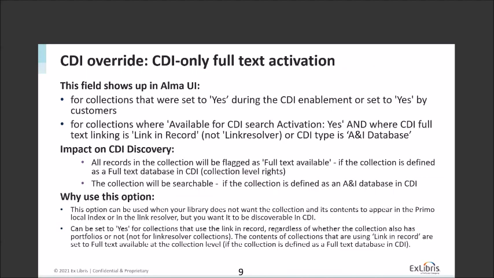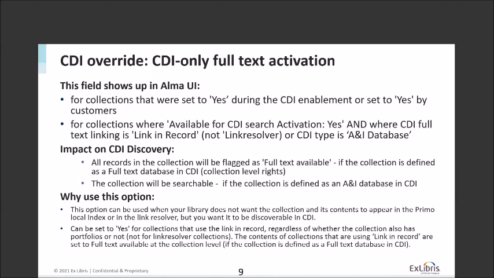You actually activate the collection on collection level, so not one or two portfolios from the whole set, but the whole collection, all the records affiliated with it will appear as full text available in CDI. The collection will also be searchable if it's an ANI database in CDI. Then all of the records will be part of your expanded search and will be included in this. So the collection will be searchable.